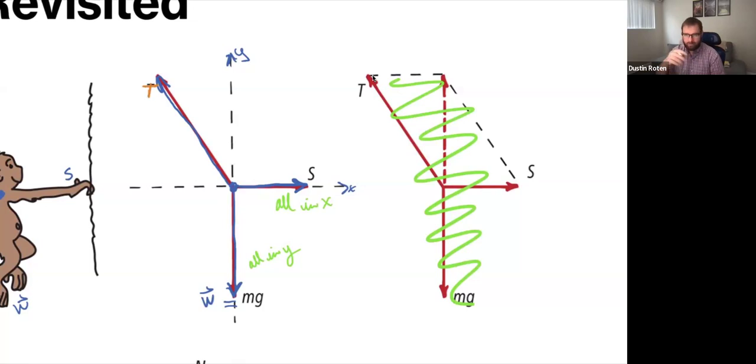And then we'll look at how Newton's third law plays into this. Okay, so in the Y direction, whoa, there we go. In the Y direction, we see that we have this much tension pointing straight up. And then we also see that we have this much tension in the X direction. Now, here's the thing.